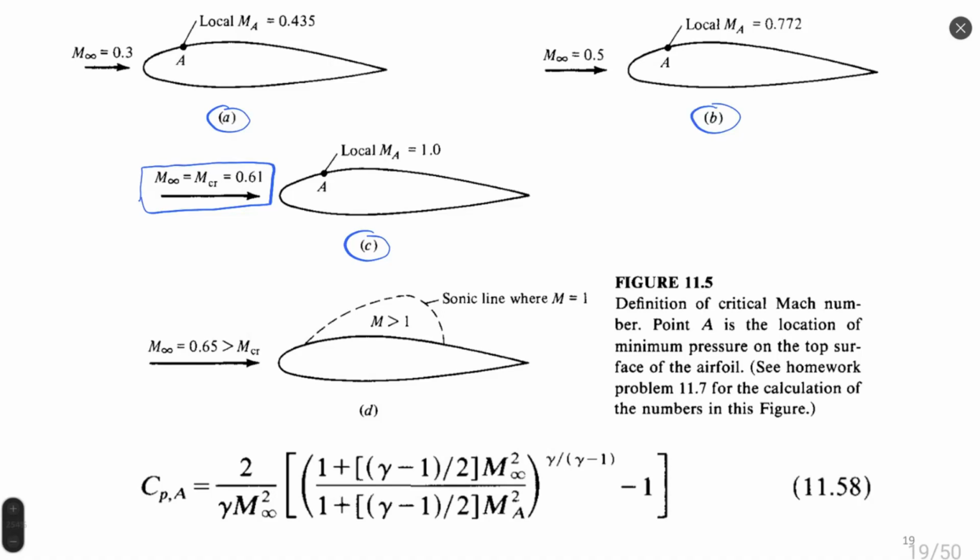We can see figure D. In such a case, we already have a region with supersonic flow, which you can see on figure D. For example, at Mach 0.65, we will have such a shape of supersonic region, where it is also possible to identify a sonic line where Mach is equal to 1. Inside this bubble, Mach will be supersonic. Outside of this bubble, Mach number will be subsonic.